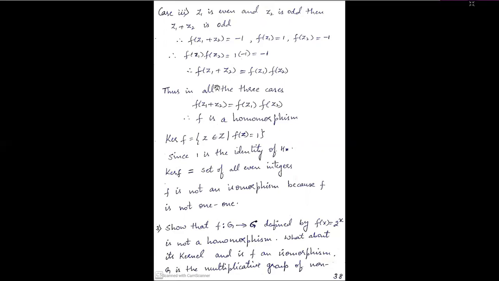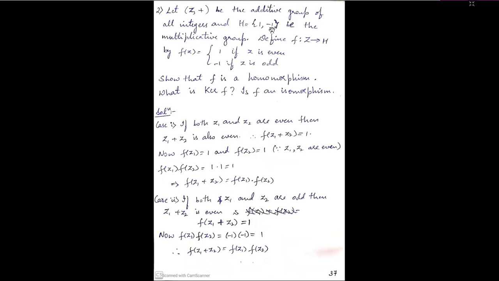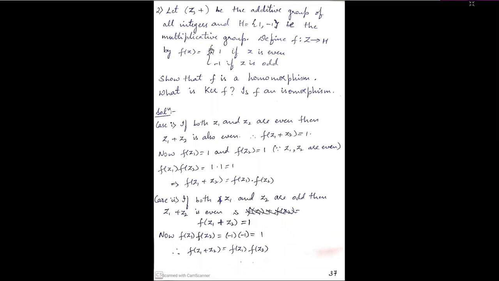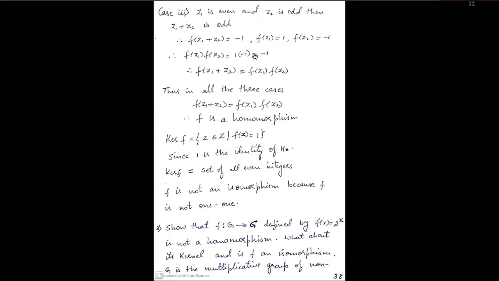So the kernel of F is equal to Z belonging to Z such that F of Z is equal to 1, as 1 is the identity element of {1, minus 1} under the multiplicative group. So when is F of Z equal to 1? F of Z is equal to 1 if Z is even. So the kernel of F contains all even integers.